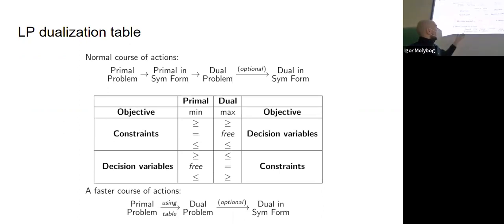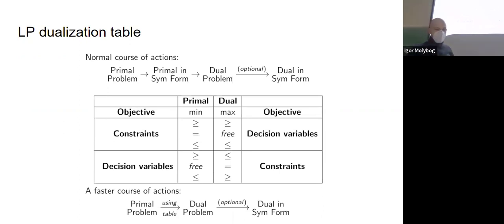On the other hand, if you have a decision variable that is constrained, for example, it has a non-negativity or non-positivity constraint, in the dual problem it will be converted into a constraint on the domain of the dual problem itself. This provides you with quite a quick and easy way to formulate duals of LPs.